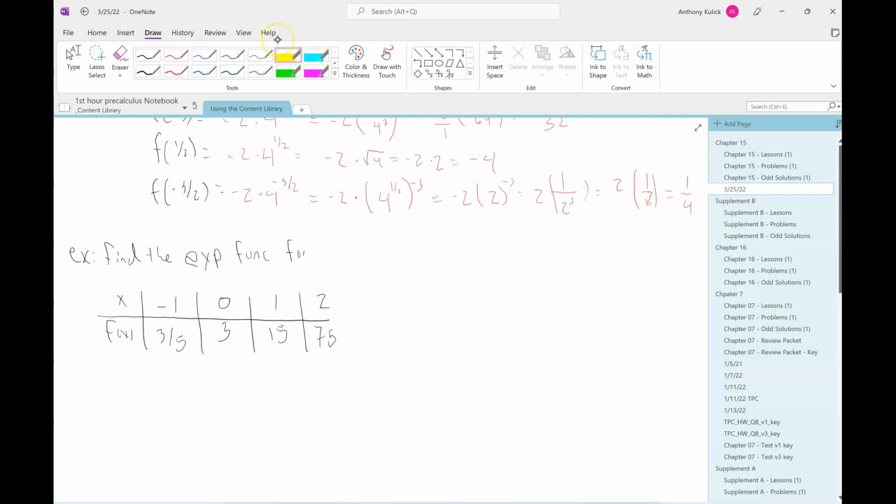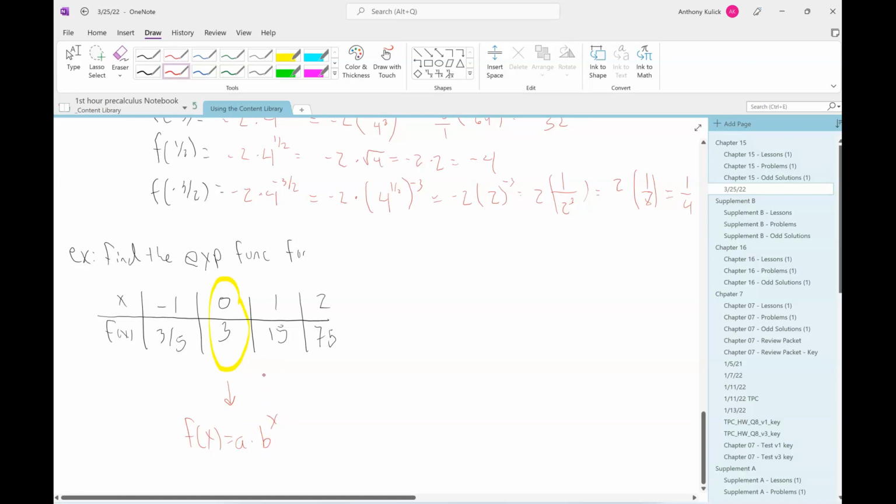Okay, so let's say that we want to find the exponential function that has these points in it. So here's the easiest way to do this. This point is the key for me. So what I want is f of x equals a times b to the x.